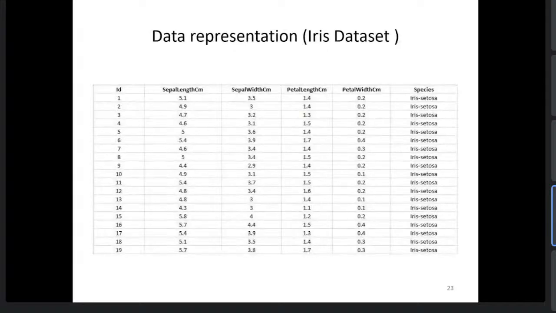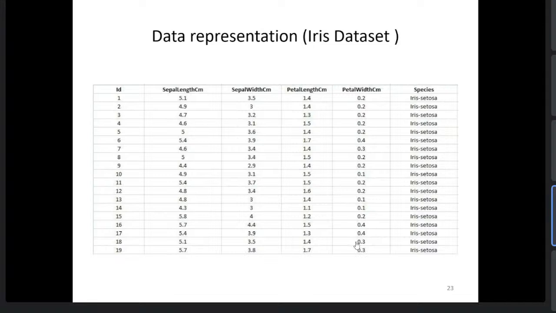A sample data is shown here. It is the Iris data set. I think you know about this data set. From the data set, you must know some properties of the data, like how many samples are there, how many features. You see, here I have shown only 19 samples. Actually, this data set has 150 samples, and this data set has four features.